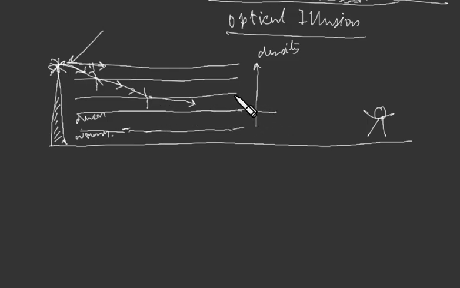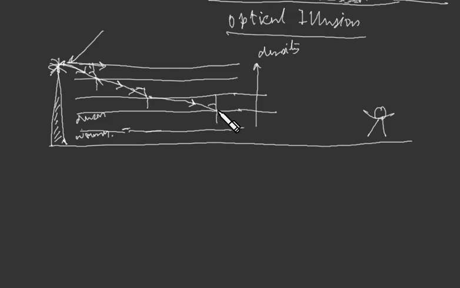In such a way, the angle of incidence keeps increasing. See, here it was less than here, and at the next surface it is even more. It keeps on increasing, and at some point it reaches the critical angle.